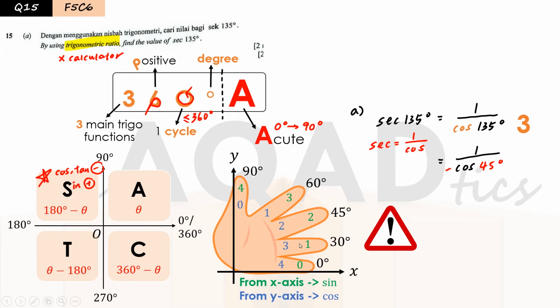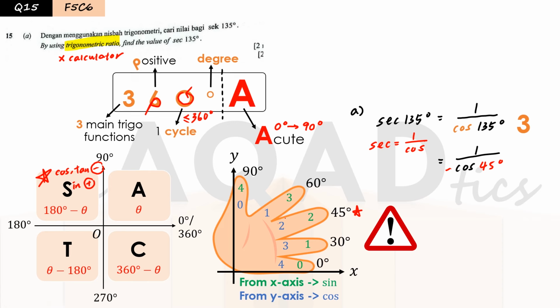Alright, so how it works is, okay, let's say we use this value that we have now as example. So it's cos 45, right? So we look at the finger that has 45 degrees, which is this one. Okay, and since we are looking at cos, so cos would be the values from the y-axis, so it's 0, 1, 2.